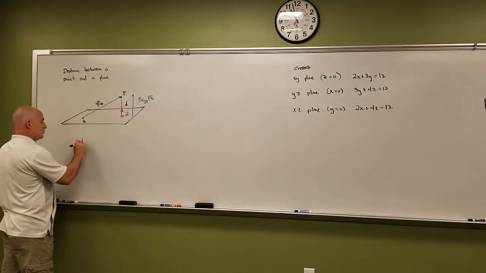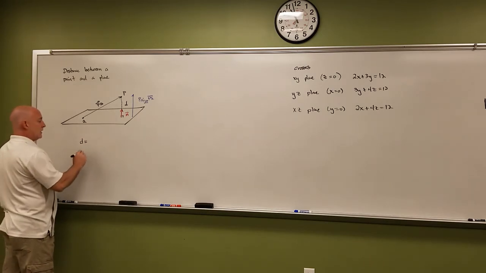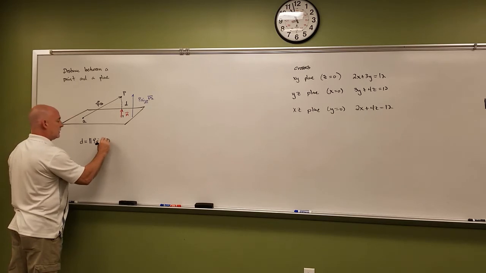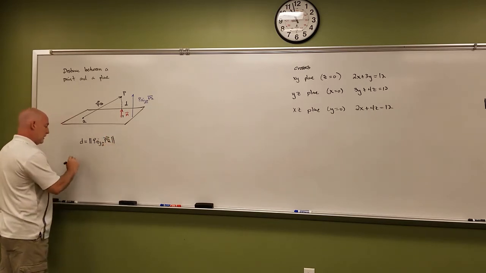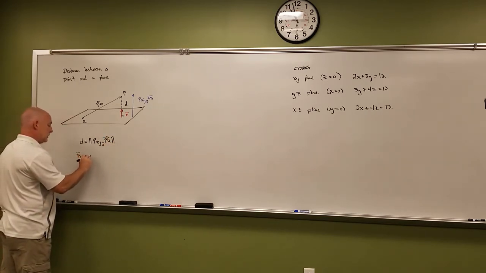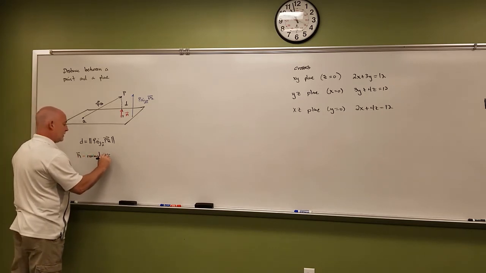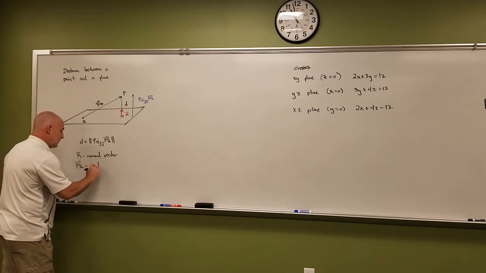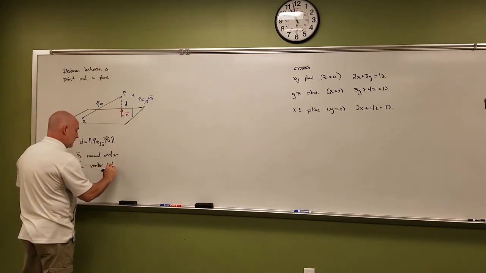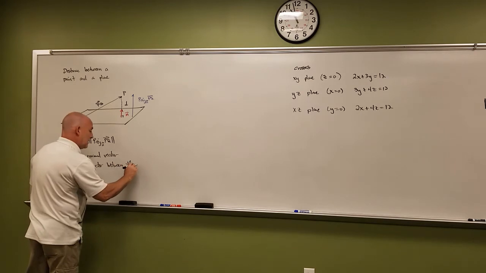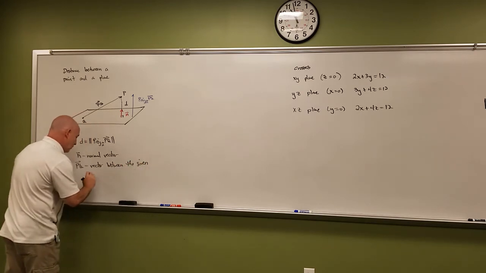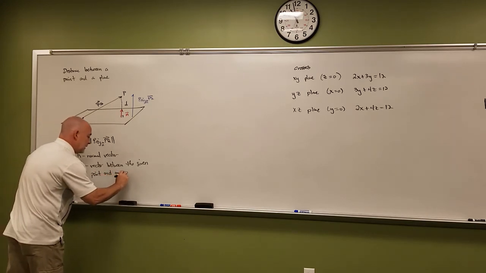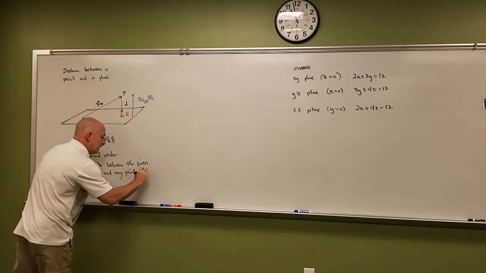So the distance between a point and the plane is the magnitude of the projection of PQ onto N, where N, of course, is the normal vector, and PQ is the vector between the given point and any point in the plane.